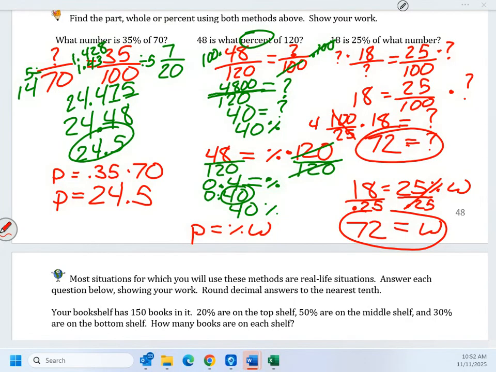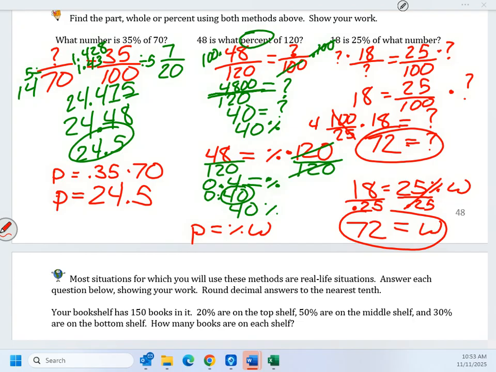Working with those proportions gets a little more complicated. We will be working on that complicated proportion stuff. But if we don't have to do it the complicated way, whew, the equation is a lot easier. So remember, with that equation, sometimes we're looking for the part. All we have to do is multiply through.